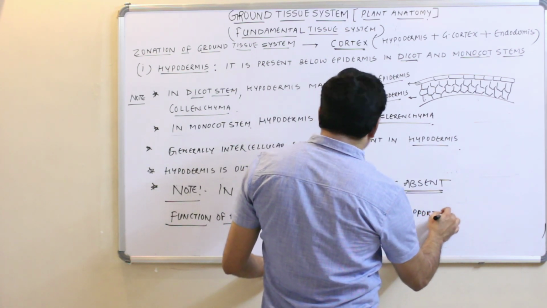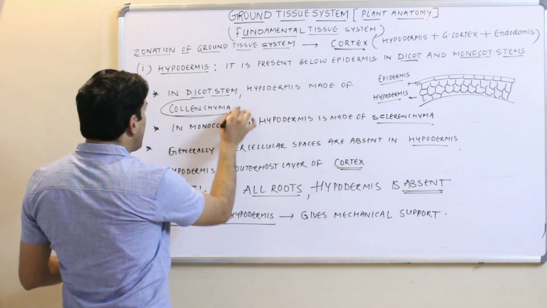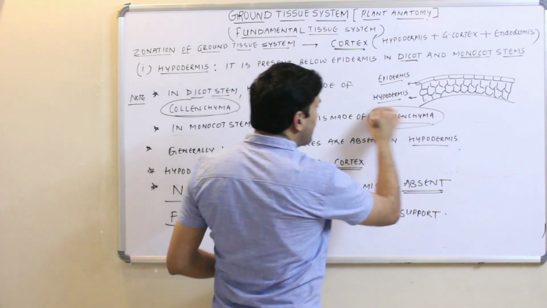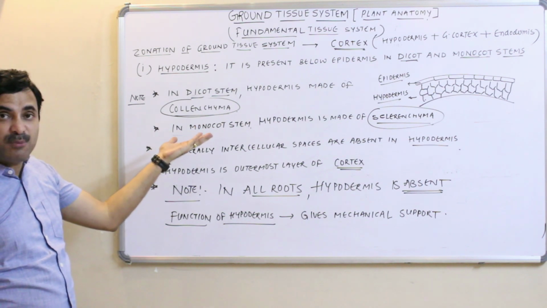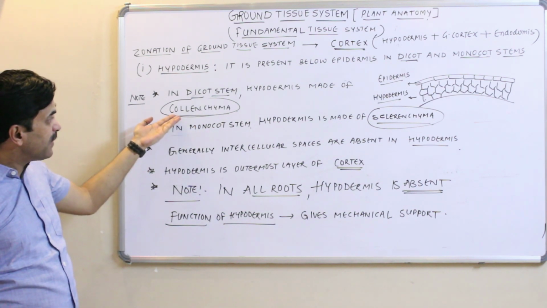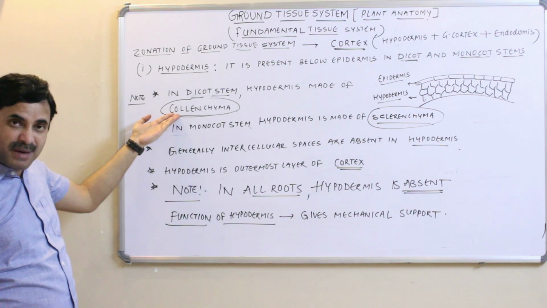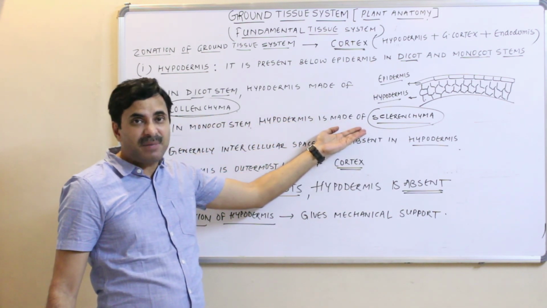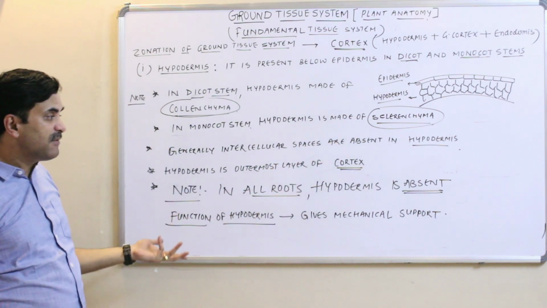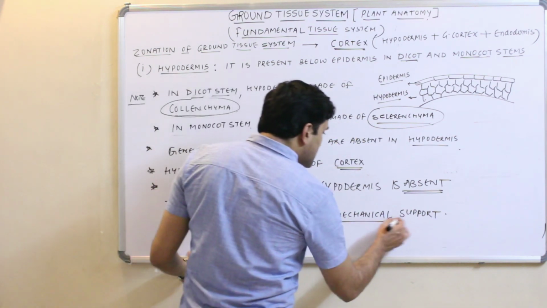As you know very well, whether it is collenchyma or sclerenchyma, both are mechanical tissues from which the hypodermis is made. The collenchyma is a living mechanical tissue and sclerenchyma is a dead mechanical tissue. So definitely they will be providing the mechanical support.